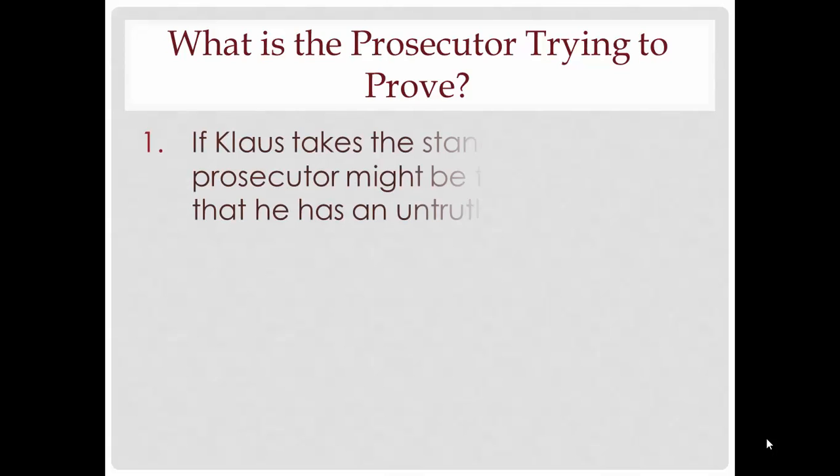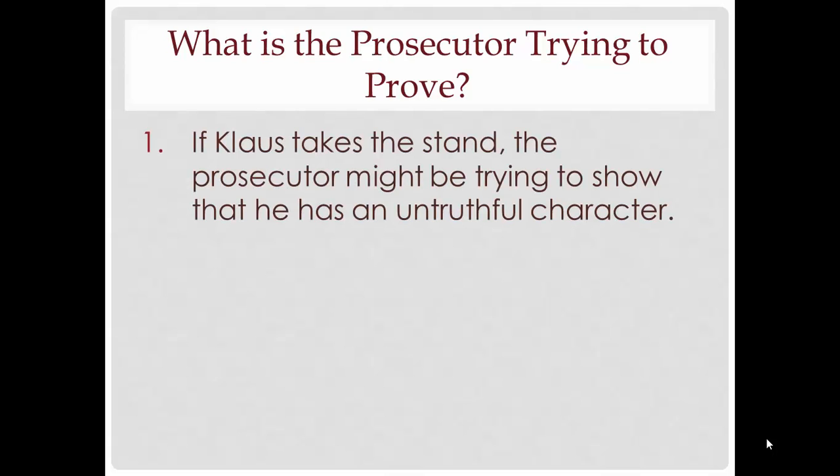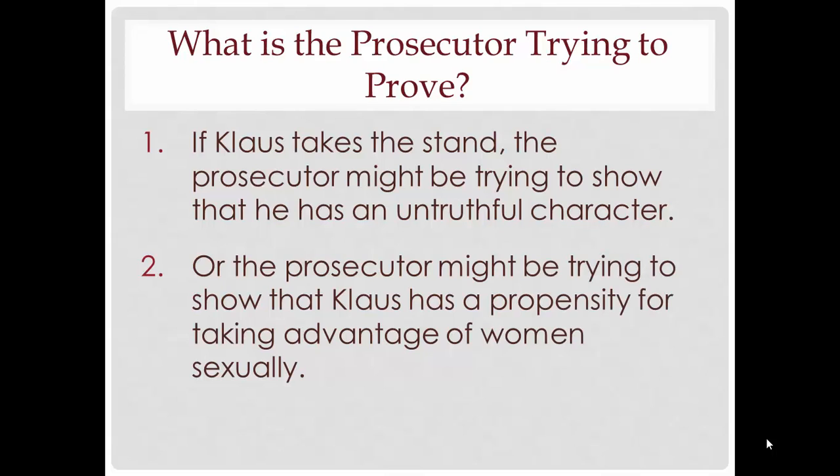If Klaus takes the stand, the prosecutor might try to use the evidence to show that Klaus has an untruthful character. Even if Klaus doesn't take the stand, the prosecutor might offer the evidence to show that Klaus is the type of person who takes advantage of women sexually. You'll recognize that as a propensity argument. These two purposes evoke different rules, so let's analyze them one by one.